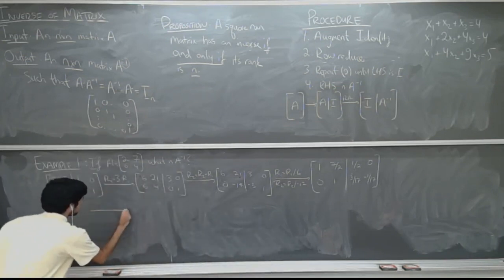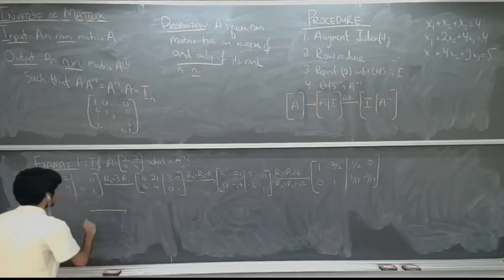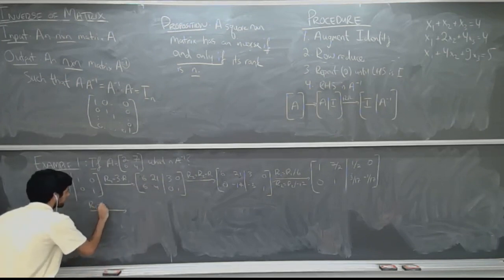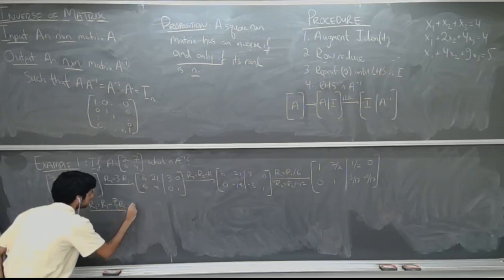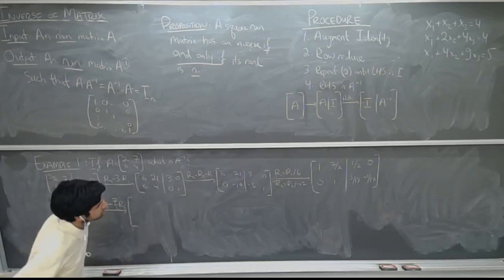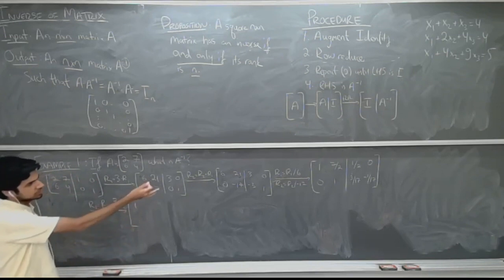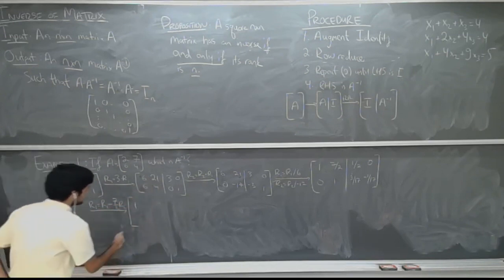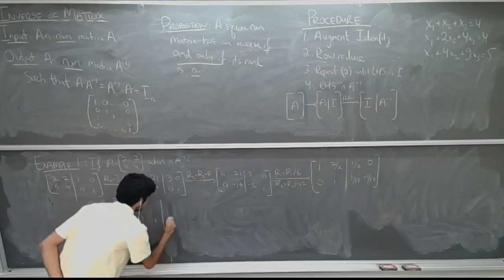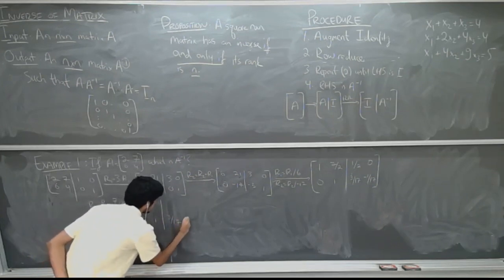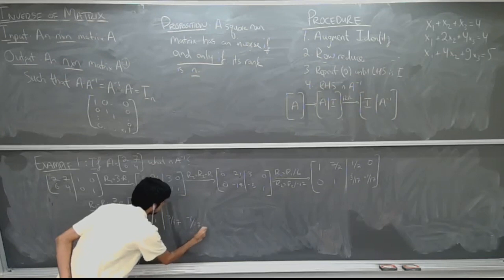Okay. So we're going to do row 1 equals row 1 minus 7 halves of row 2. So the first term stays as 1 because we're subtracting 7 halves of 0. Actually, we'll just put down the second row there because we know it's going to remain unchanged: 3 over 17, negative 1 over 17.